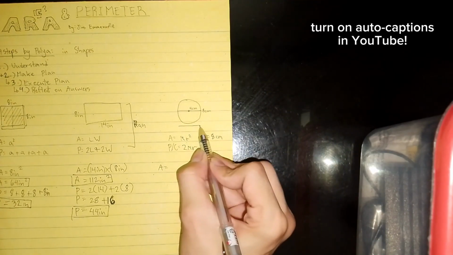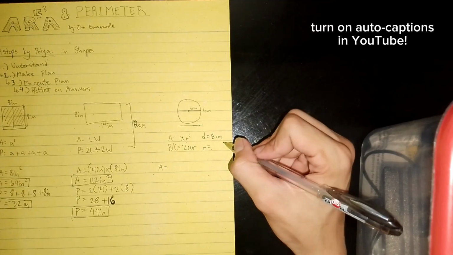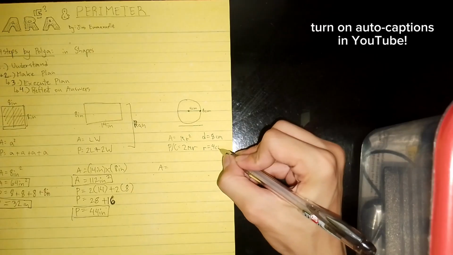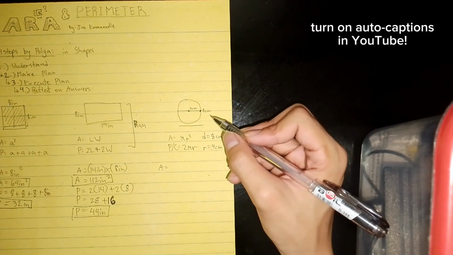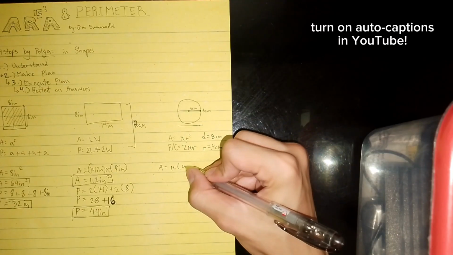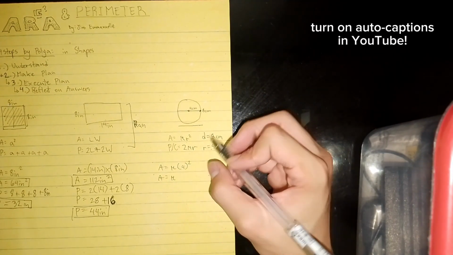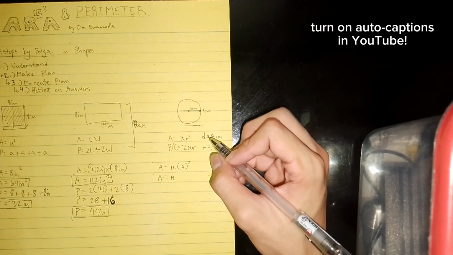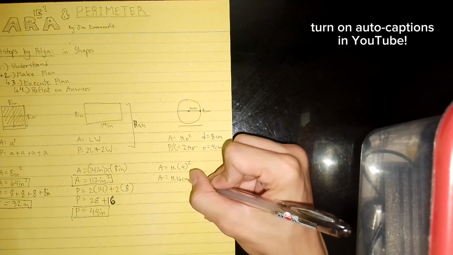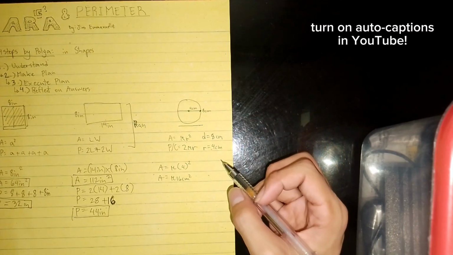This is the entire diameter. And then the radius, half of the diameter, from the center to the end, is going to be 4 centimeters. The area of the circle is going to be pi times the radius 4 squared, which is pi times 16 centimeters squared.